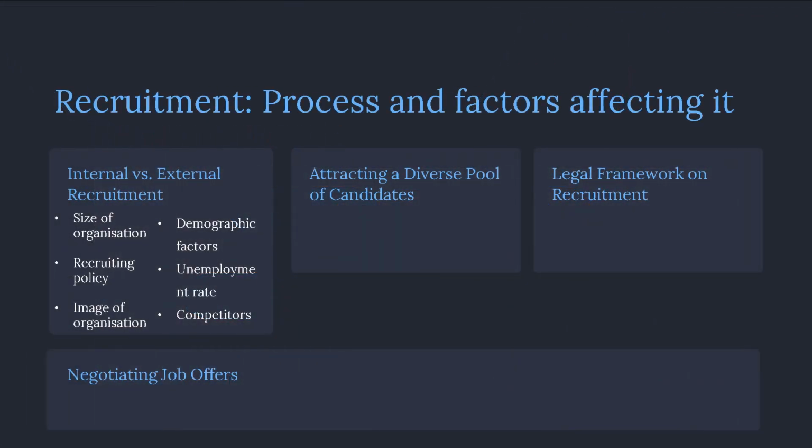Now, when it comes to the factors that affect recruitment, recruitment is affected by both internal and external factors. The internal factors are related to the size of the organization, the demographics, the recruitment policy, and the image of the organization. This is how it works when you are hiring people internally.